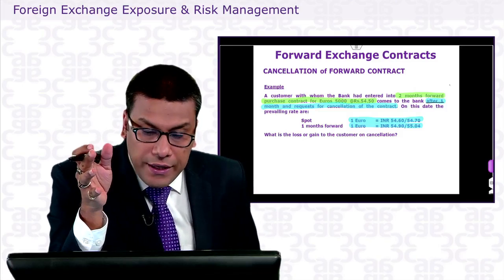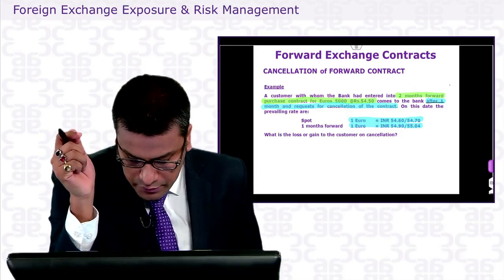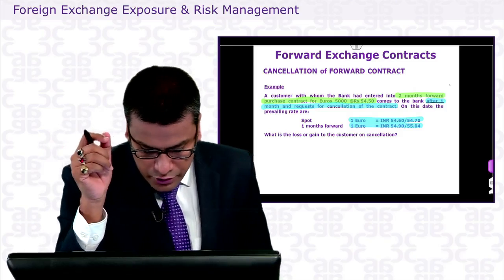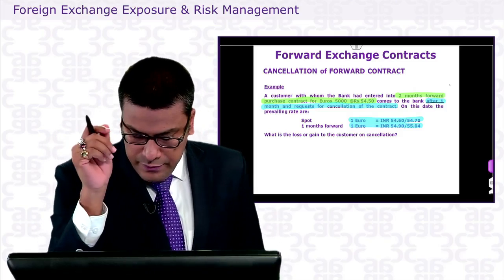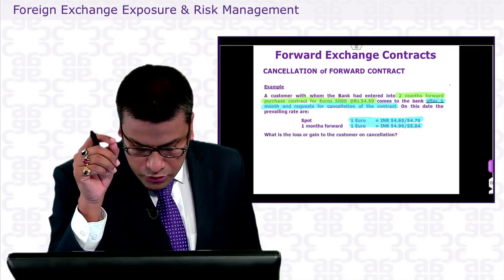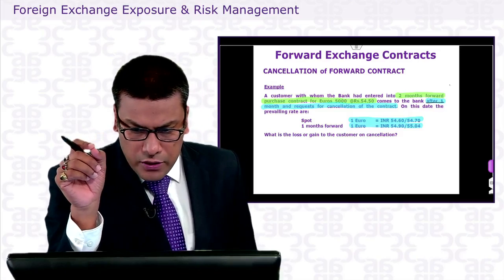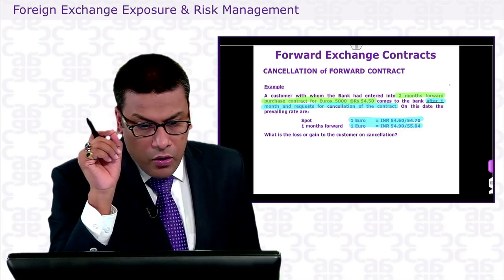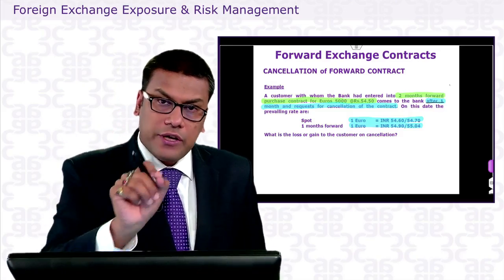the bank would enter into an opposite transaction with the customer. So on maturity, what would happen in this case? The bank would enter into a forward contract of the same maturity, say a 1 month forward contract, of sell, because with the customer the contract was of purchase.